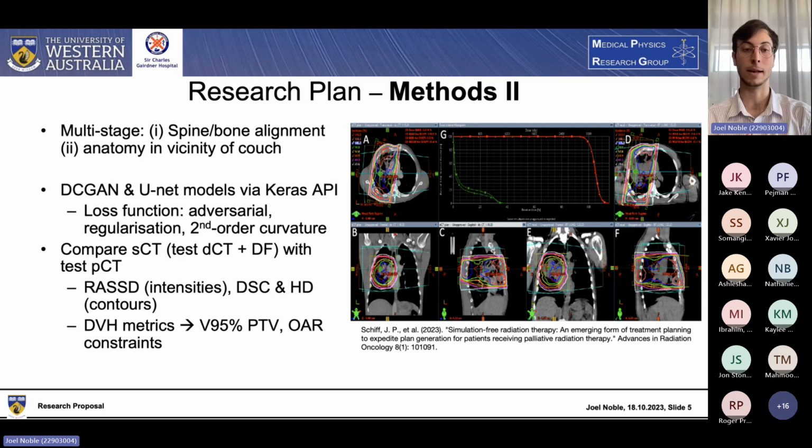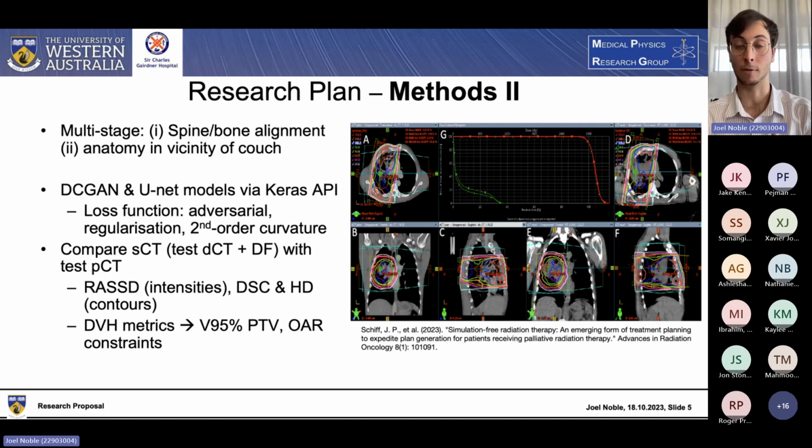And in terms of similarities with the contours, you can look at the dissimilarity coefficient and the Hausdorff distance. And beyond image comparison, it would then follow to actually create treatment plans or apply existing treatment plans using the synthetic CTs.